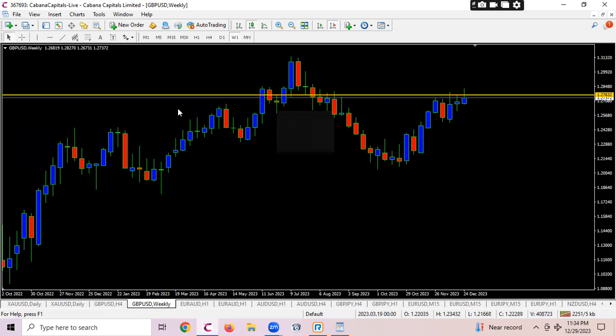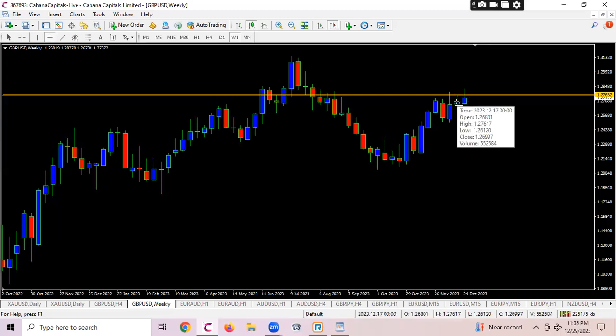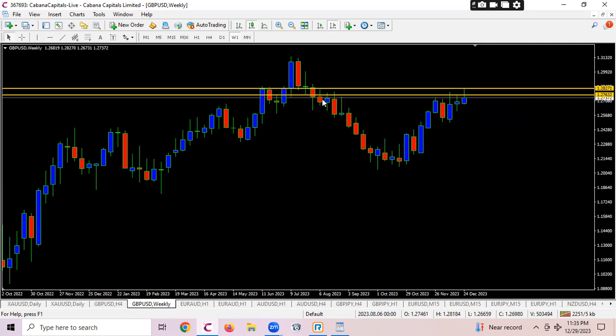if we go back, was that level a resistance in the past? The high of this spinning top, was it a resistance level in the past? Yes, sir. We had a resistance here. We also had a resistance here.